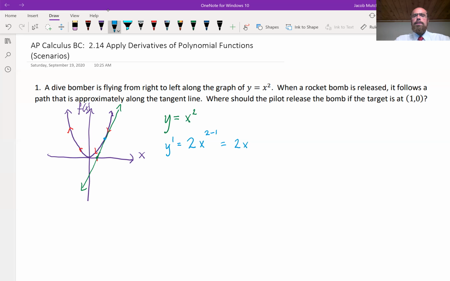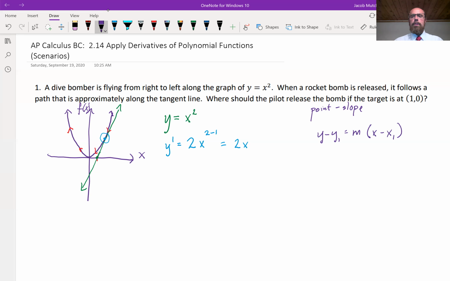Then I want to see if I can write the equation for the tangent line and come up with some strategy using that equation that could get me back to this blue point on the curve and the tangent. So I'm going to pick up the point-slope form, which is y minus y1 equals the slope times x minus x1.